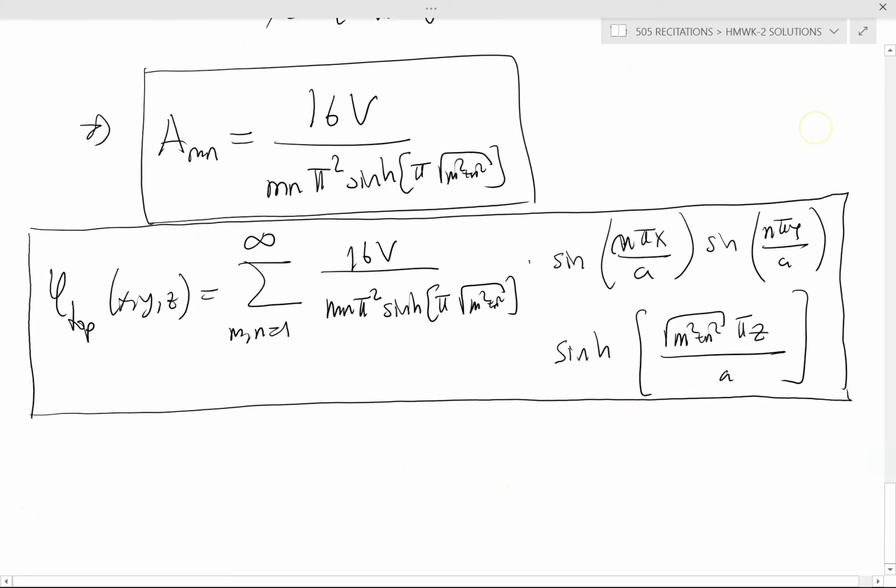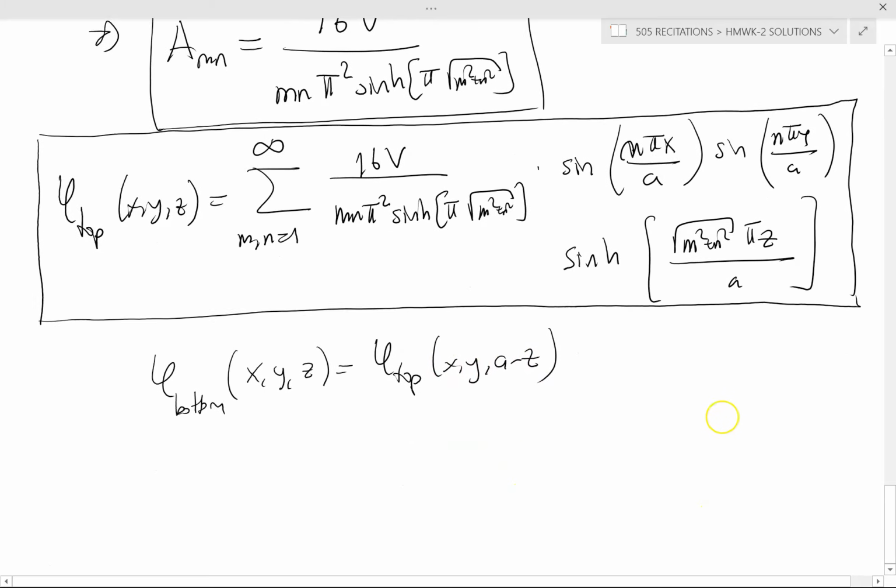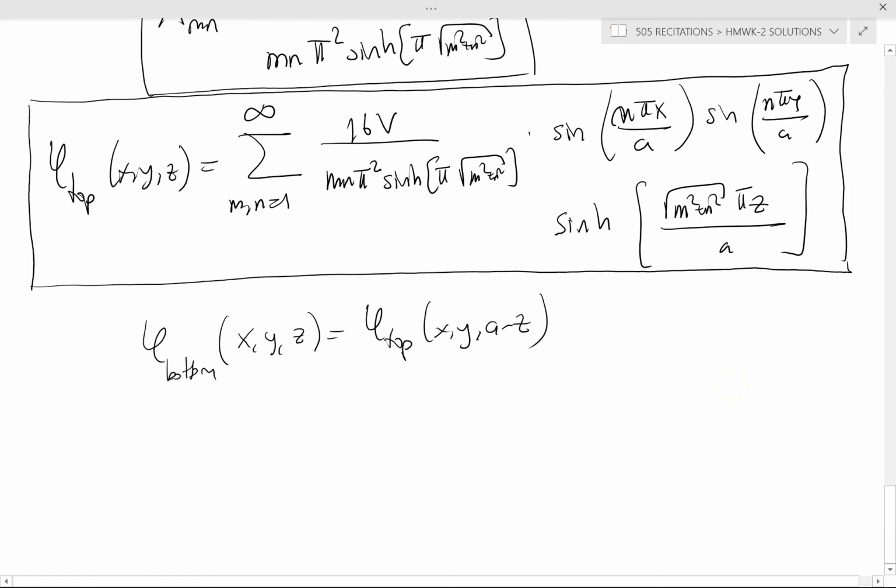Because there exists, of course, a symmetry between the two. Psi top, or let me write bottom in terms of top. Psi bottom is symmetric once I flip it with respect to a over 2, right? And psi bottom of xyz is equal to psi top of x, y, a minus z. That's the whole idea, right? Hence, nothing will change except this one.